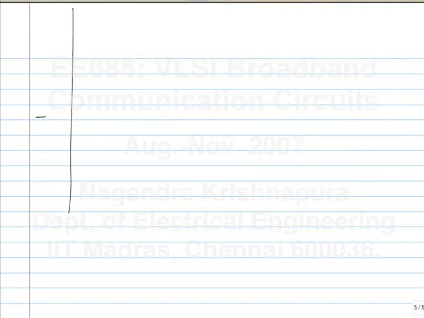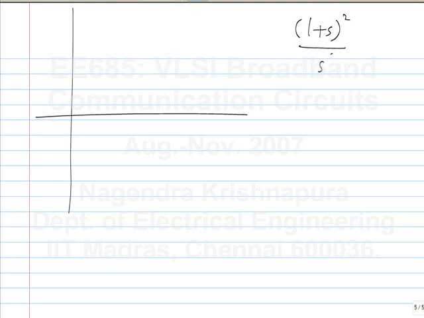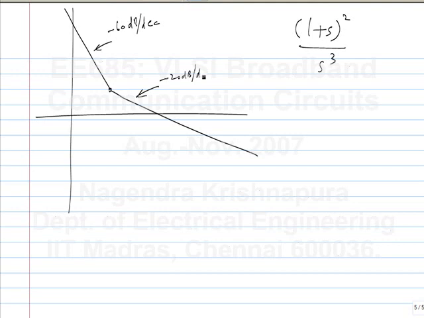Anyway, let's take a system of this type. It starts off with minus 60 dB per decade, and it has two identical zeros, so it shifts to minus 20 dB per decade.